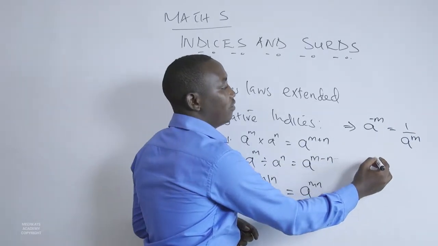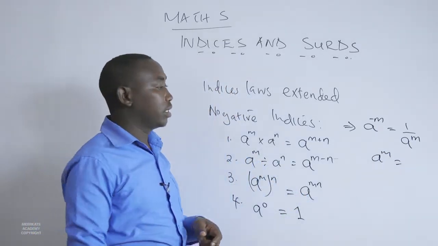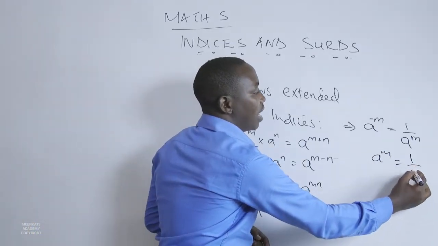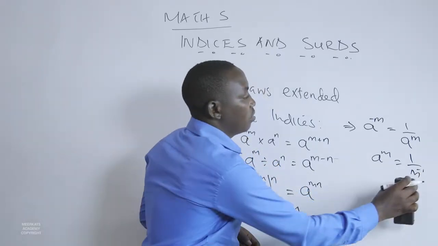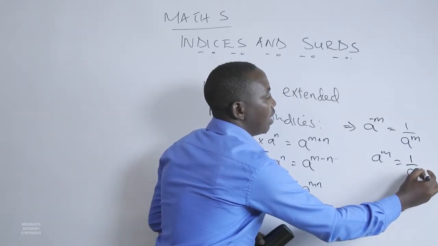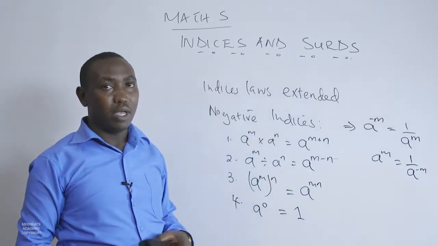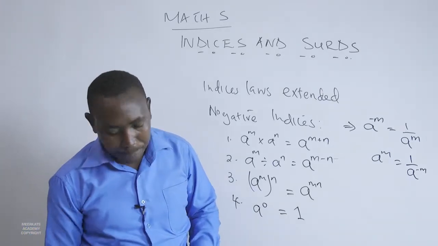And when you have a raised to m and you want to write its reciprocal, then this will be 1 over a raised to negative m. So again, the power changes from being positive to negative.